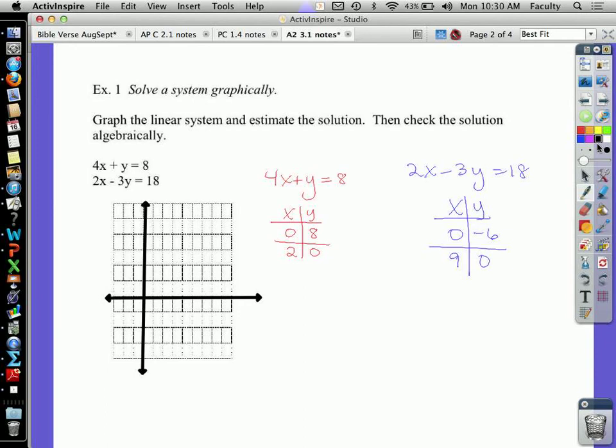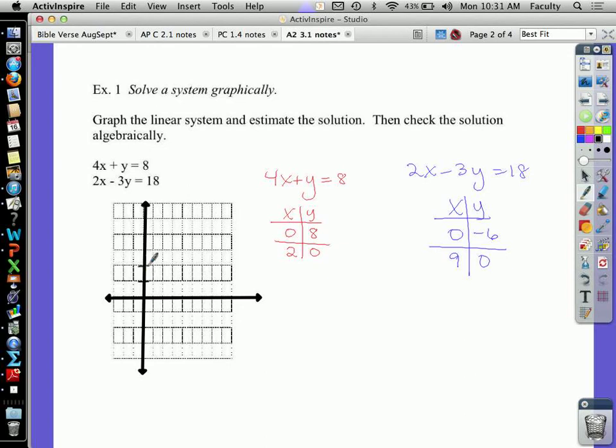My y needs to go from negative 6 to positive 8. If I count 1, 2, 3, 4, 5, 6, 7, 8, 9, 10, 11, I don't have 14 spots to go by ones. So you want to think about it before you start making it. I know on your graph paper, oftentimes you can keep going up, but do you really want to do that?